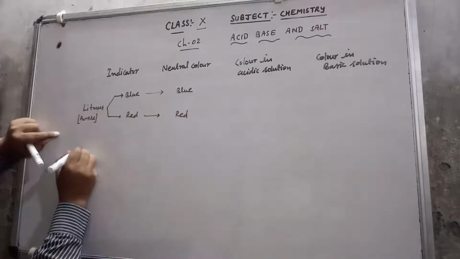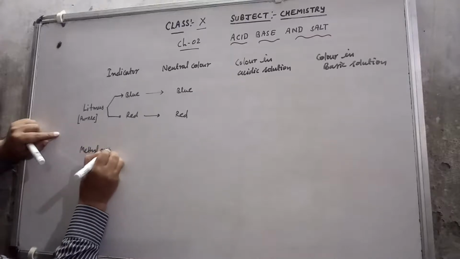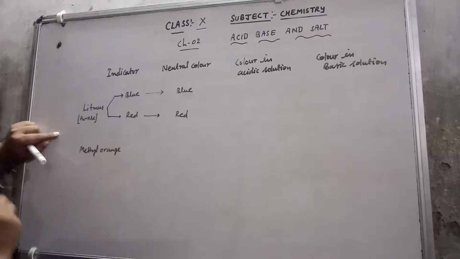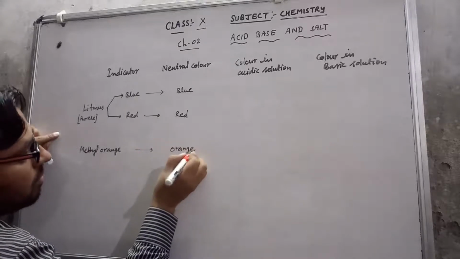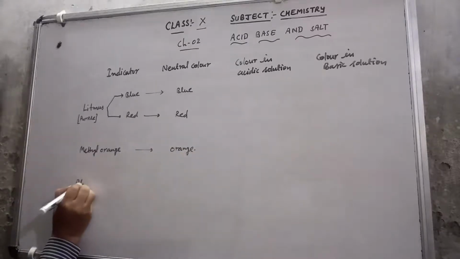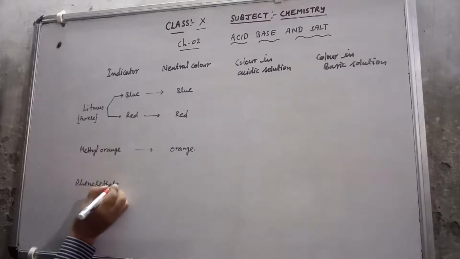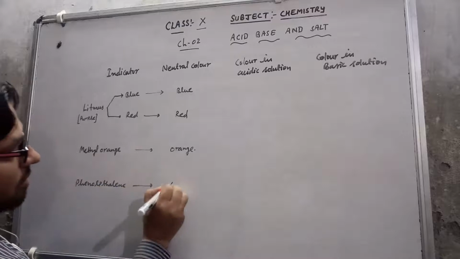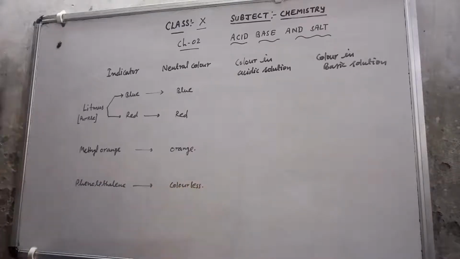Second indicator is methyl orange, its neutral color is orange. Third is phenolphthalein, which in the neutral condition is colorless, it does not have any color.